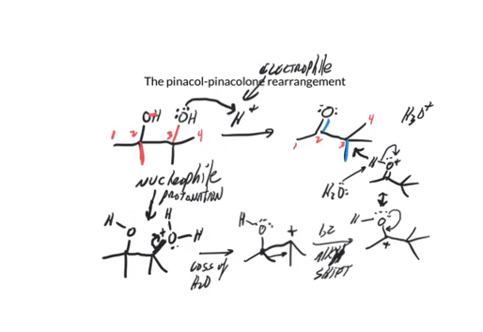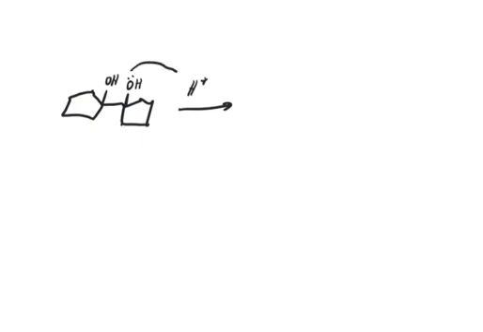Okay, if we were to do this reaction on a molecule that contains a ring, the 1,2 migration becomes a little special now. Okay, so let's see what happens here. So H plus, we'll start this just like any other.